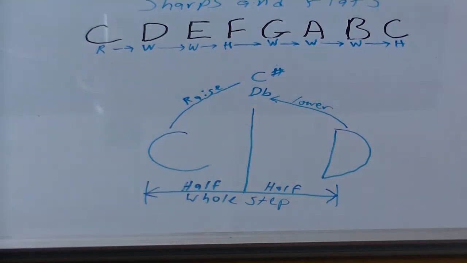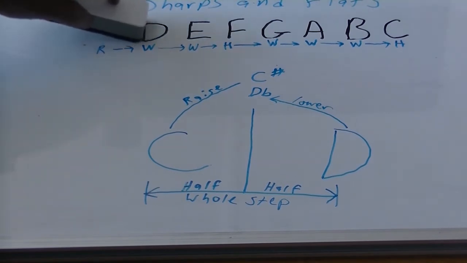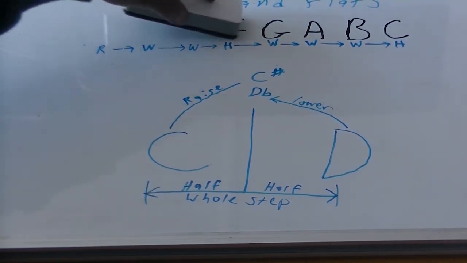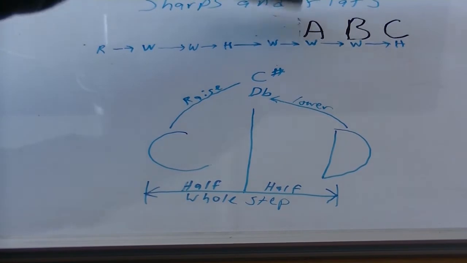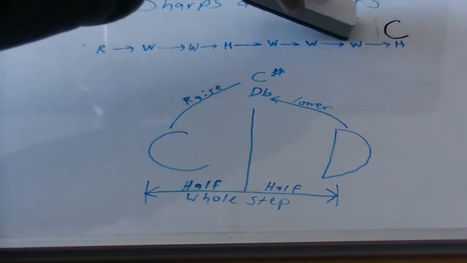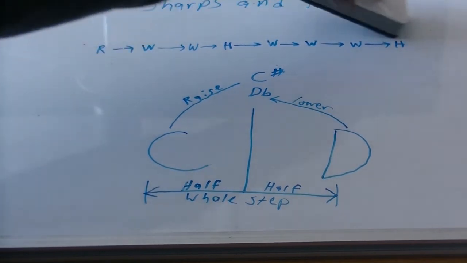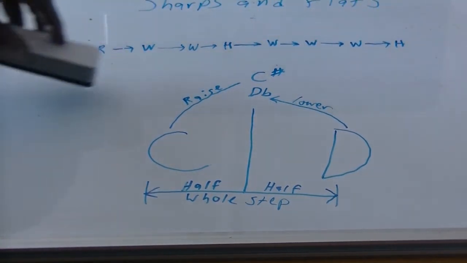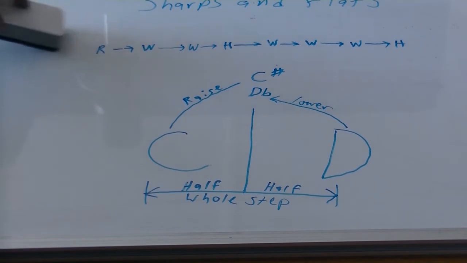We need to follow this interval sequence, and we need to use every letter of the musical alphabet. Now I think we're ready to get into some scales. The first major scale we're going to be looking at is the G major scale.